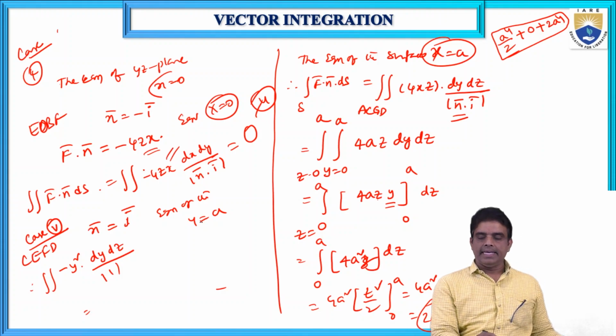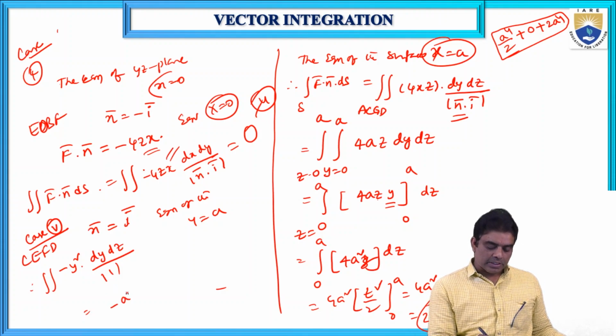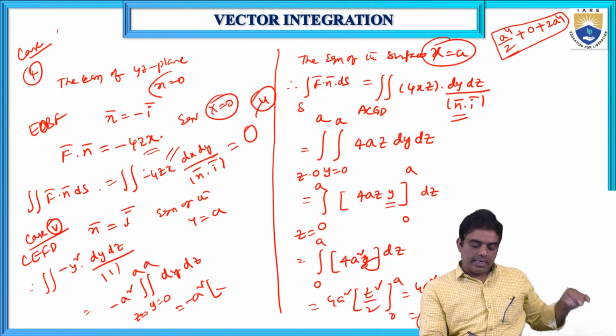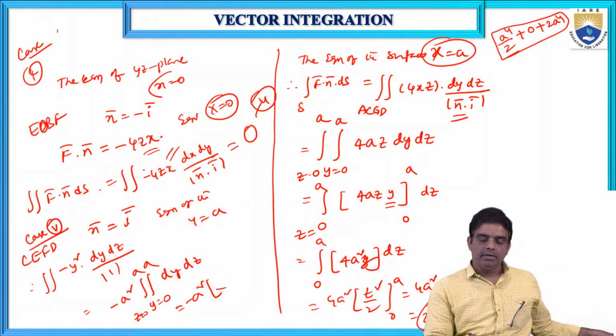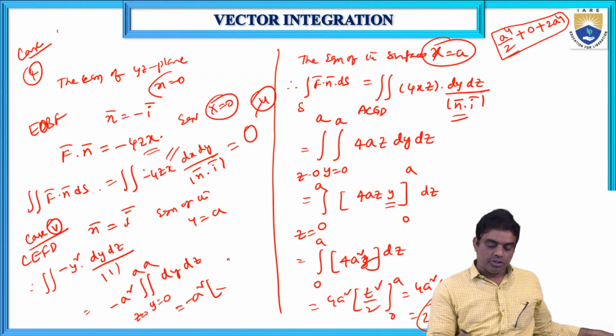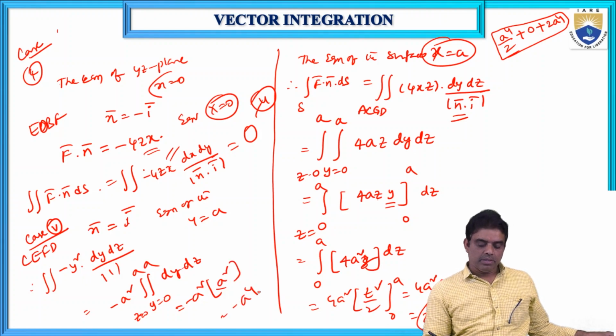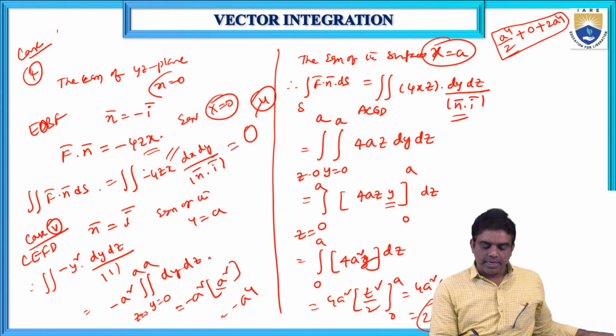But y is equal to a here. So minus a square, you will get the integral of dy dz, and the limits are y from 0 to a and z also 0 to a. So I am substituting the limits: minus a square into the integral of dy first, y between 0 and a, upper limit a minus 0, the first value is a. The second integral is also from 0 to a of dz, z between 0 and a, so the value is a.